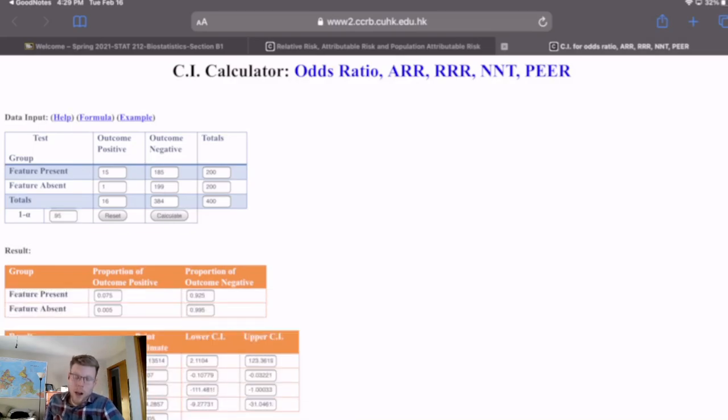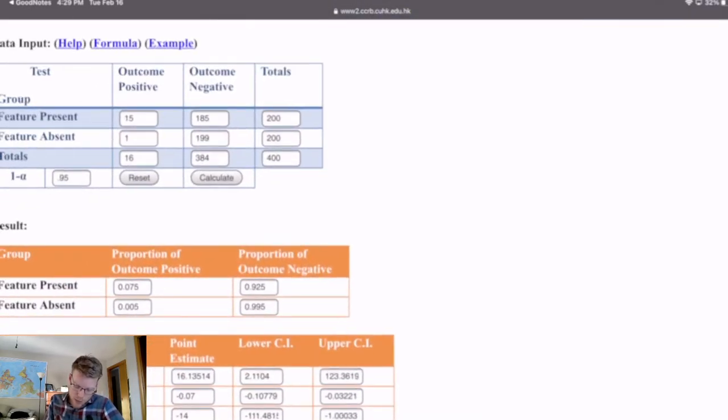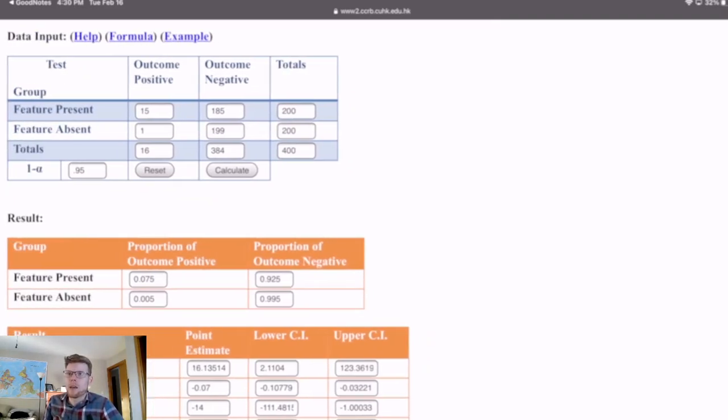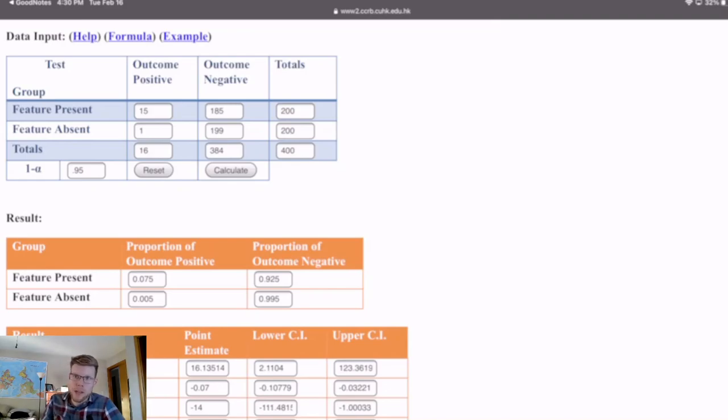And now this is an odds ratio calculator that I pulled up. So now my OR estimate is 16.14. My interval is going to be 2.11 to 123, something like that.